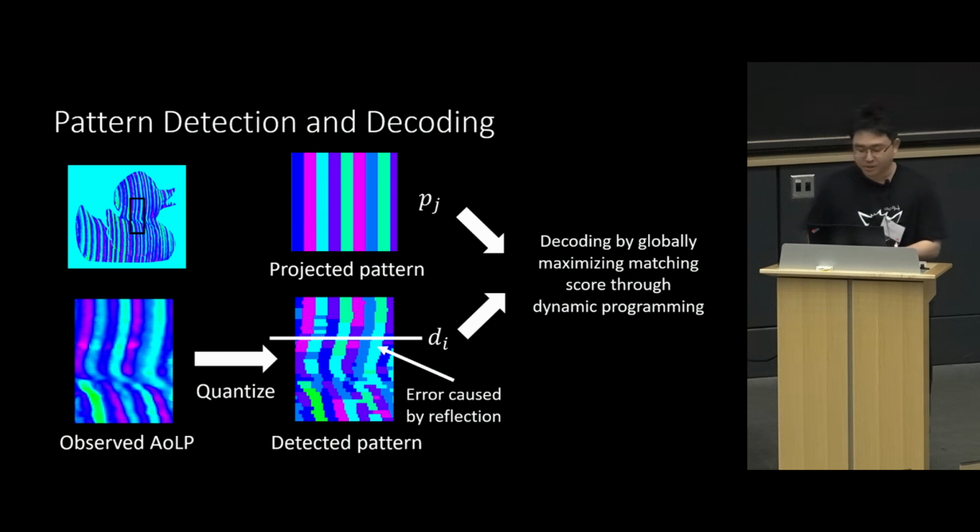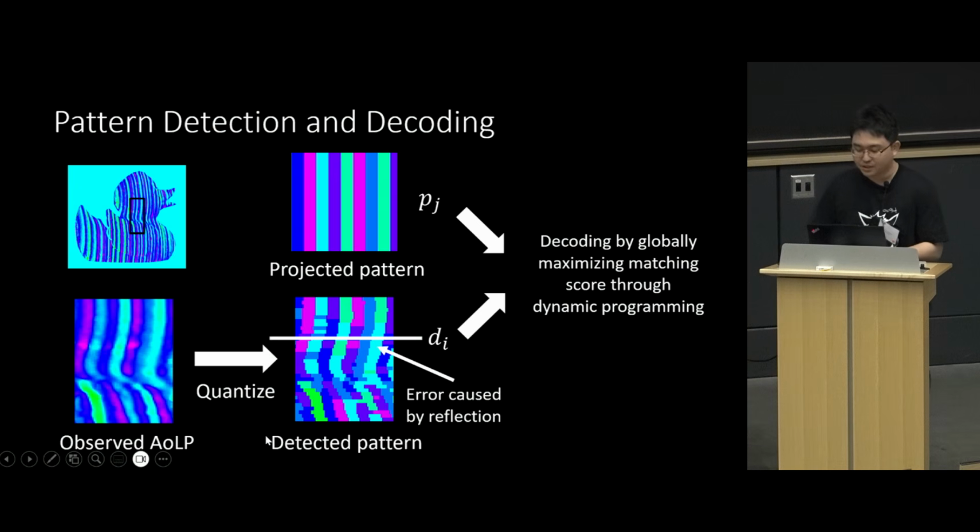The observed polarization pattern differs from the projected pattern due to the reflection on the surface. To robustly detect and decode the polarization pattern under this modulation, our method quantizes the observed AOLP values for detection.